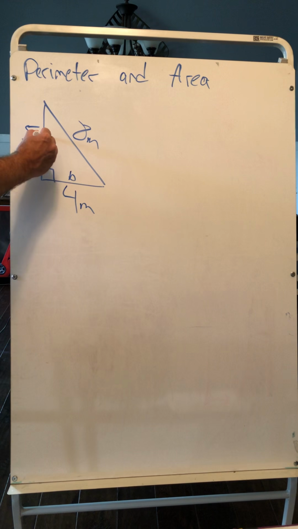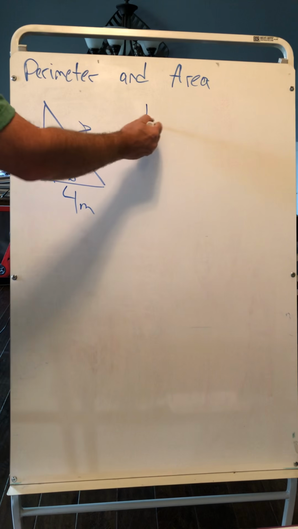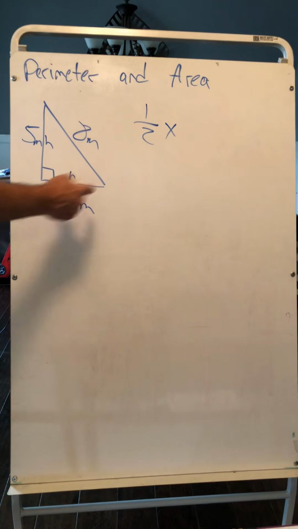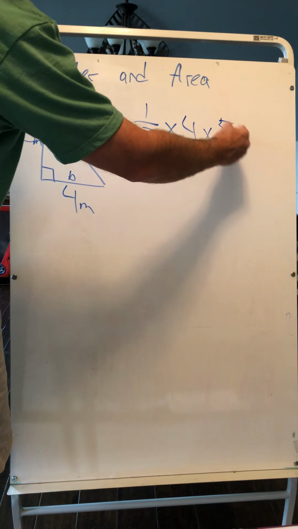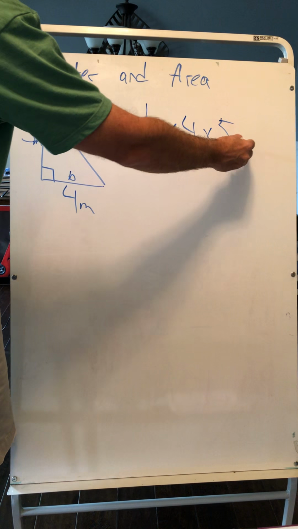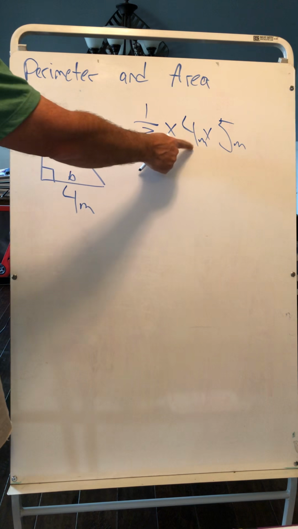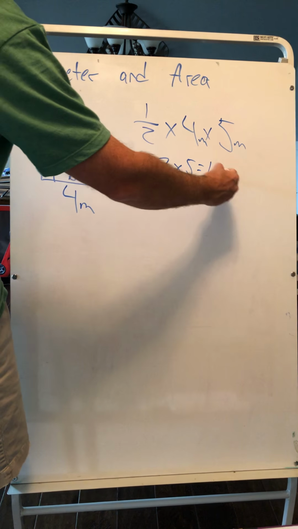So if this is my base and this is my height, to do the area, I'm going to have 1/2 times the base, which is 4, times the height, which is 5. And these are all going to be meters. So what's half of 4? 2. And 2 times 5 is 10.